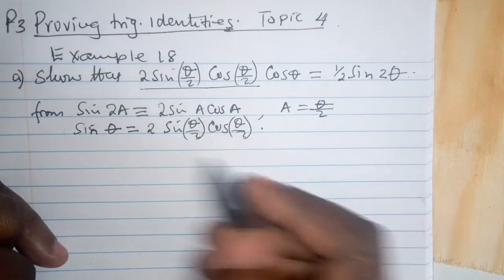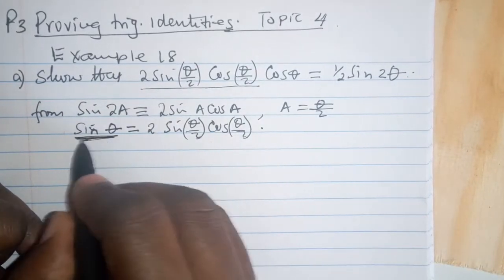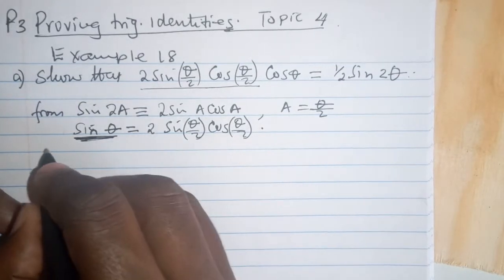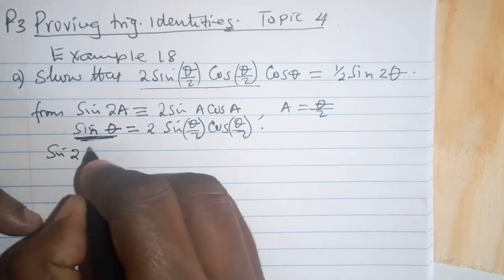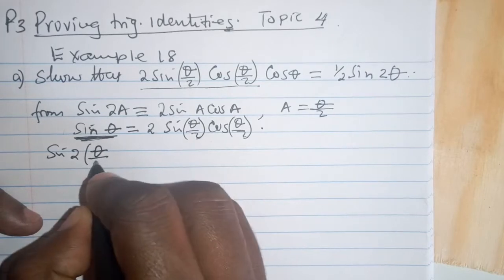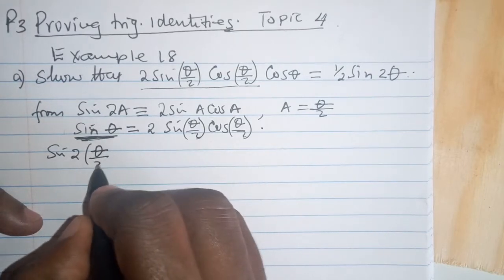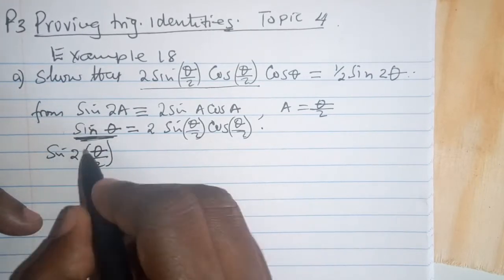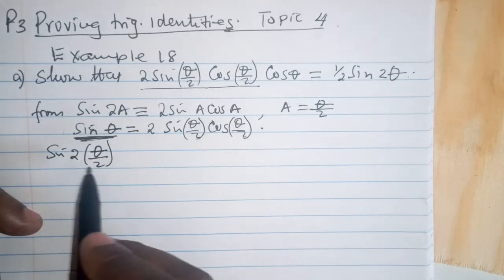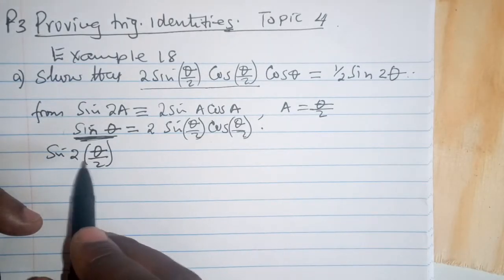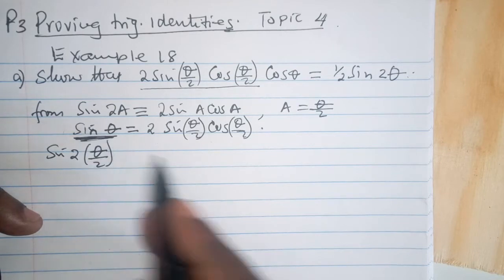It is important to note how we have acquired this. Let me just explain. This is from sine 2A, where A is theta over 2. Of course, when you multiply, the 2 and 2 cancel out, and you are left with theta.